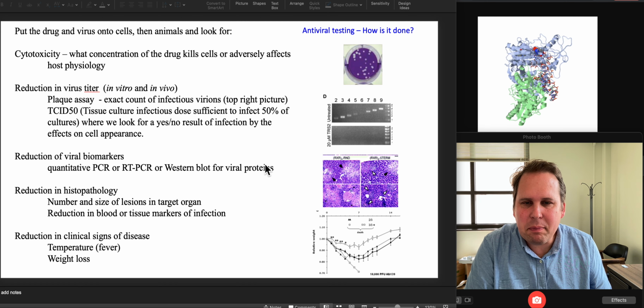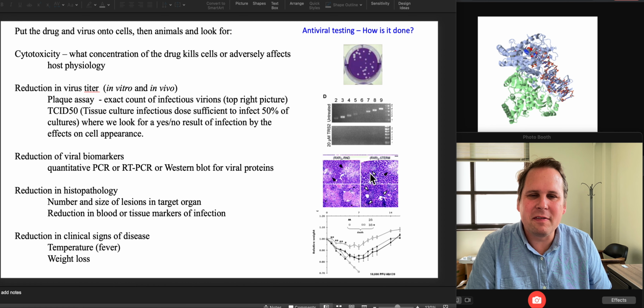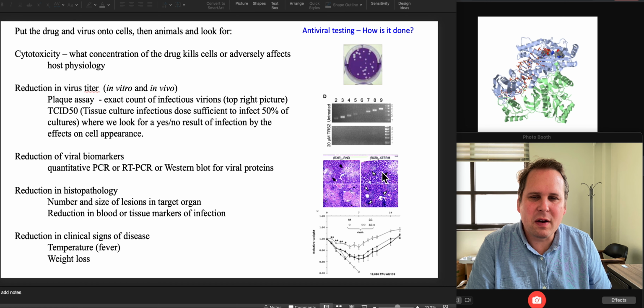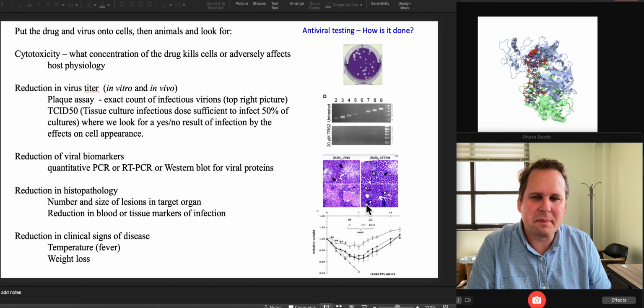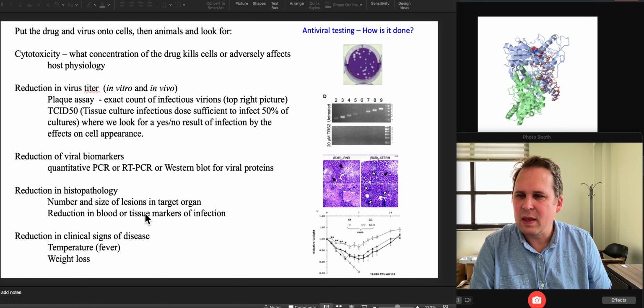The liver cells are the nice purple things, and these pink expanses of just death and terrible stuff, that's what the virus is doing. And then here would be an example after treatment. You'd have fewer and not as severe types of damage to the tissue.